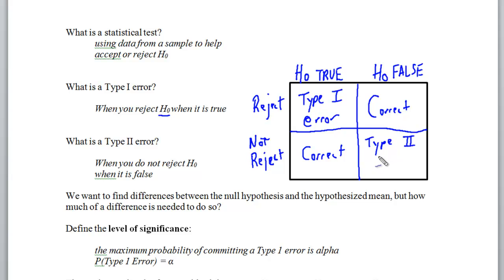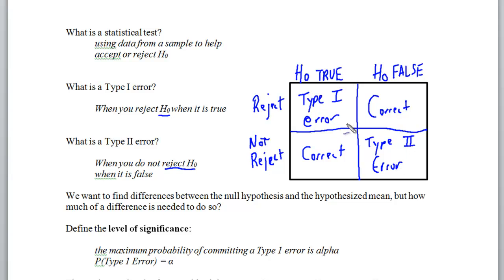But if I stick to my guns and say, I still think I'm right, I still think attendance doesn't change, and the data overwhelmingly says the attendance is changing, then I made a type 2 error. A type 2 error is when you don't reject the hypothesis when it's false. So I'm basically sticking to my guns saying, oh man, attendance doesn't change at all, but it does. I don't reject the original assumption, and these are harder to statistically prove.